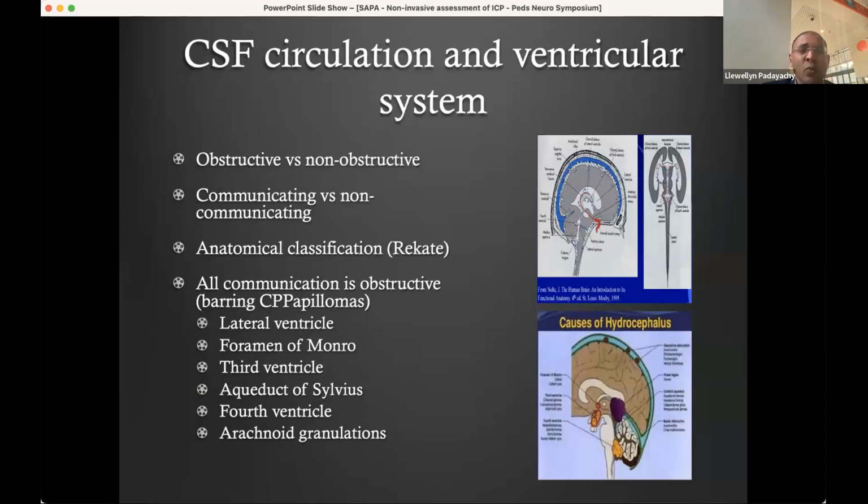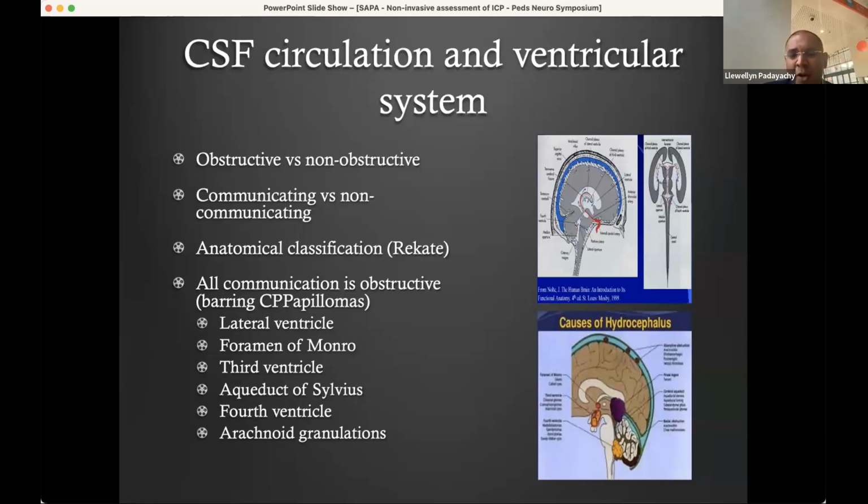We follow, in terms of how we classify hydrocephalus, Rekate's updated classification, where effectively what he argues is that all hydrocephalus is communicating, except for choroid plexus papillomas, where there's a publication claiming to show actual seepage of CSF from the papilloma. We've operated on lots and lots of these. I've never seen it myself. I've never actually spoken to another surgeon who's seen it, but there is a description of that.